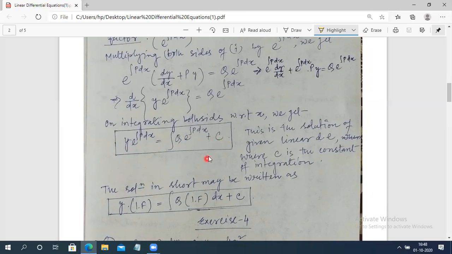So this is the solution, and this may be written like this also: y into integrating factor is equal to integration of q into integrating factor dx plus c.